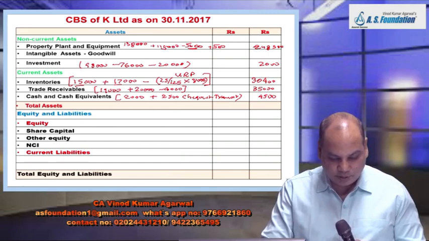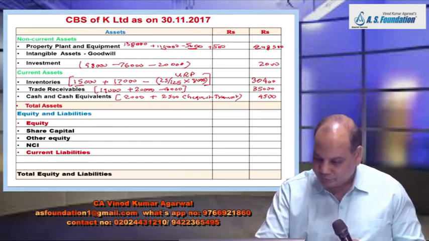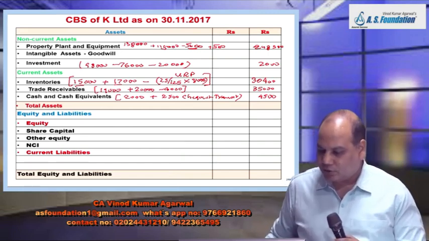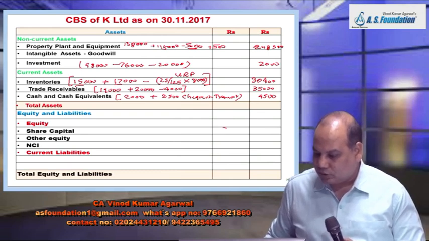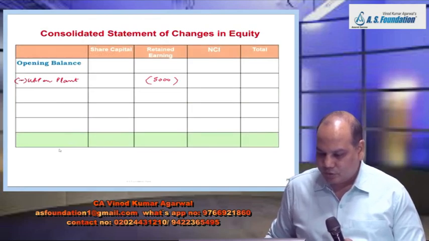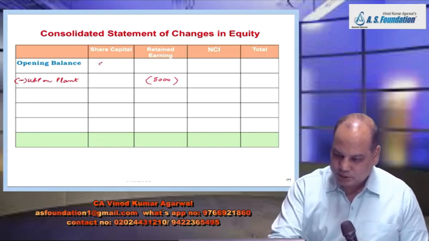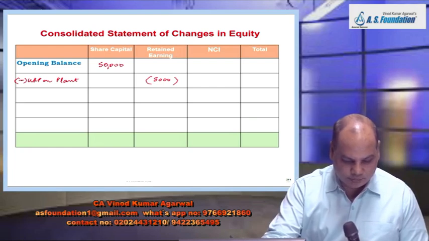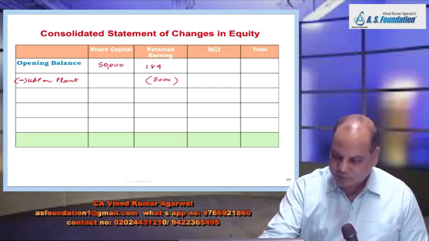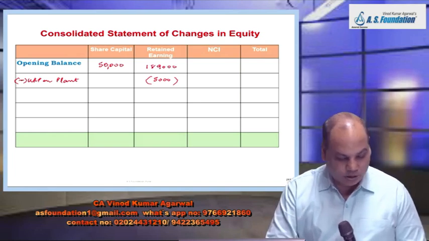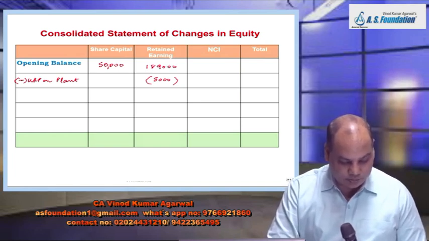Now you come to next line, share capital, parent company 50,000 right here in share capital. Also go to SOCIE, right there, share capital and retained earning, parent company. Opening balance, retained earning. Is it 1,89,000? Parent. And how much is NCI?